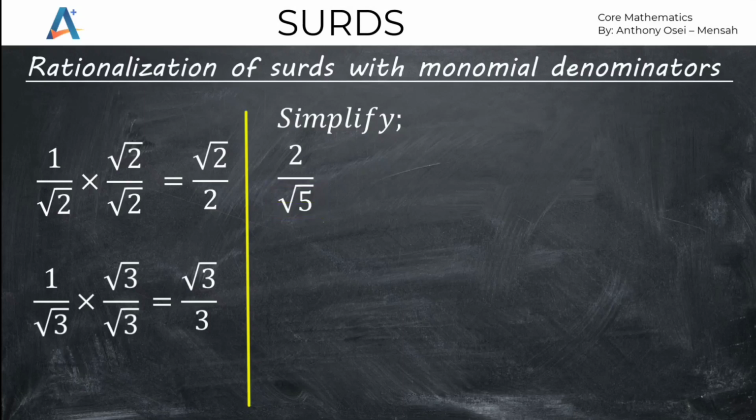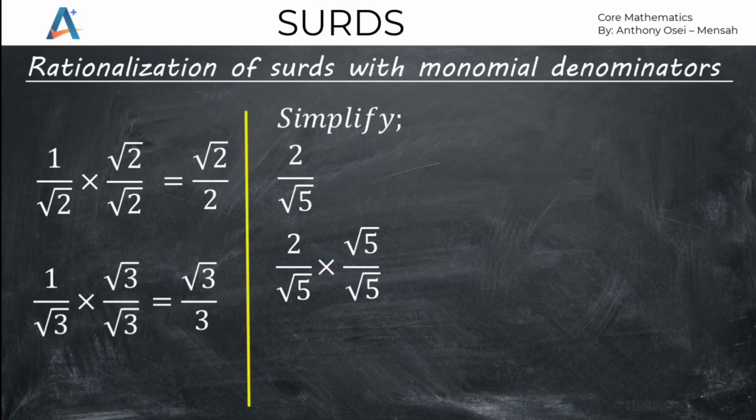And in the process of rationalizing, you have to write the number again, which is 2 over root 5. Then you multiply both the numerator and the denominator by the same surd, which is at the denominator. So the surd is root 5. So multiply the numerator 2 by root 5, and then we'll still multiply the denominator root 5 by the same root 5.